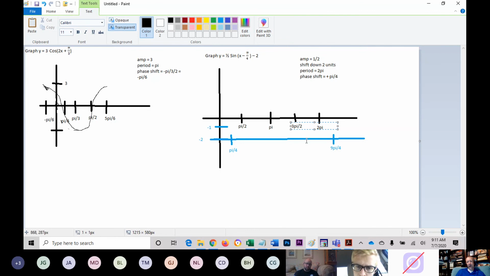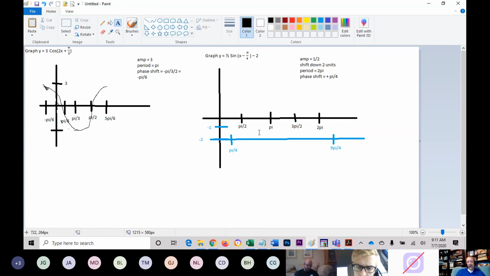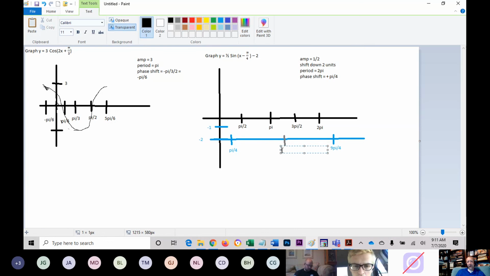Now everything's going to be shifted over here. And remember, my amplitude's only a half. So this value here is going to be pi plus a fourth, which is 5 pi fourths. Maybe I'll make it a darker blue. 5 pi fourths.